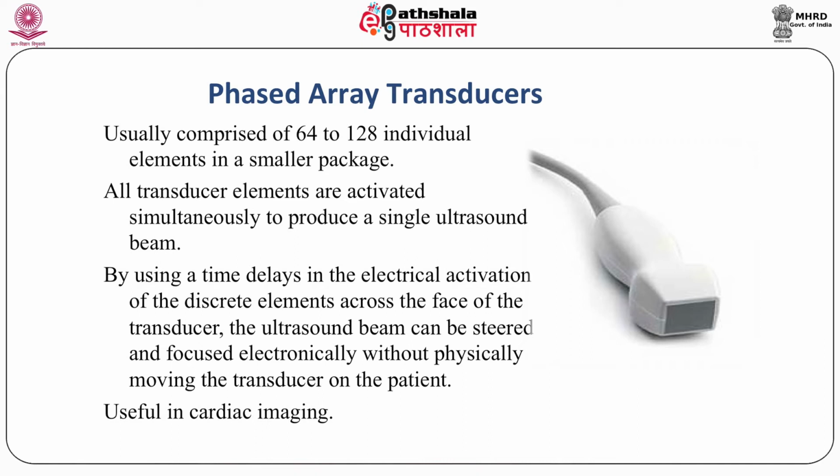By using a time delay in the electrical activation of discrete elements across the face of the transducer, the ultrasound beam can be steered and focused electronically without physically moving the transducer on the patient. This phased array transducer is helpful in cardiac imaging, as you can see here in the figure.